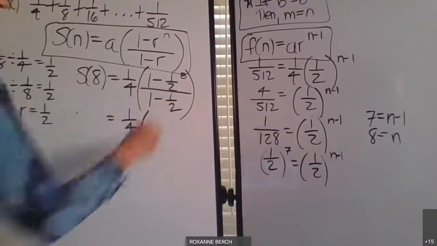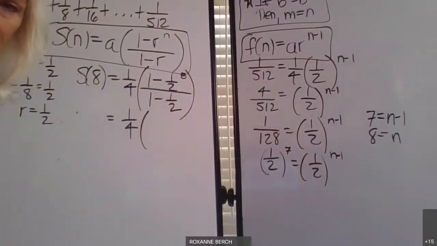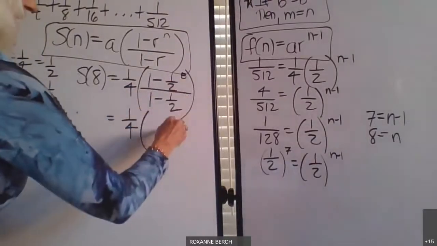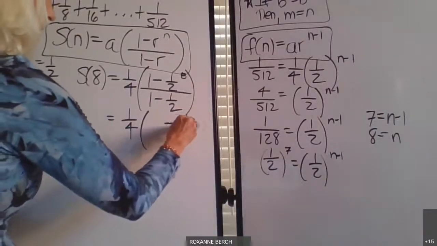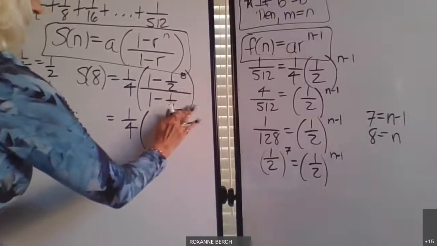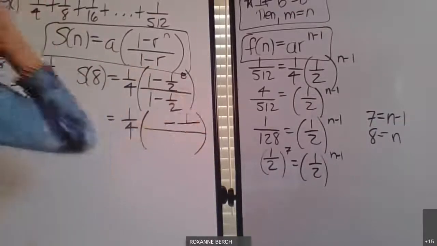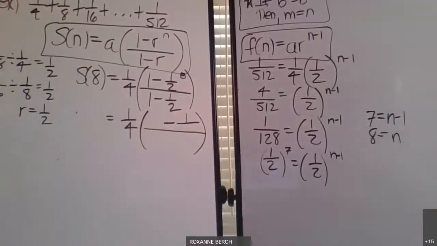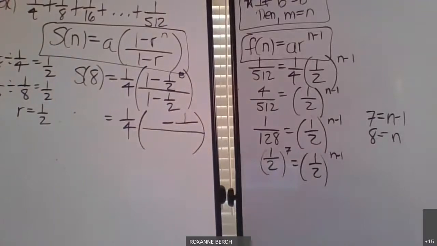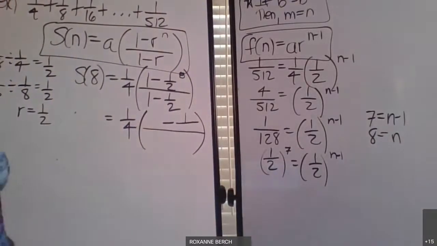So that negative is not part of the power, right? So what is 2 to the 8th? Two to the 8th, 256.